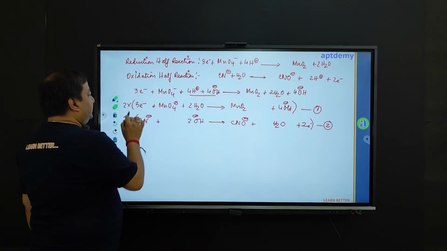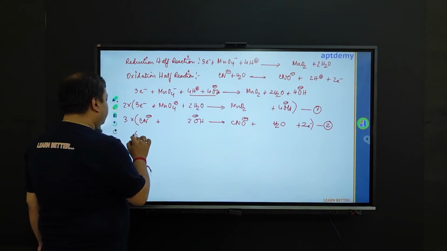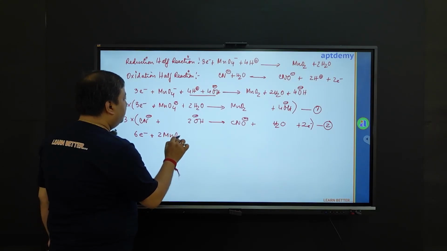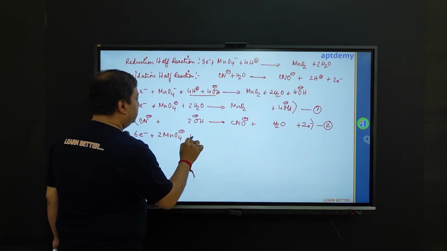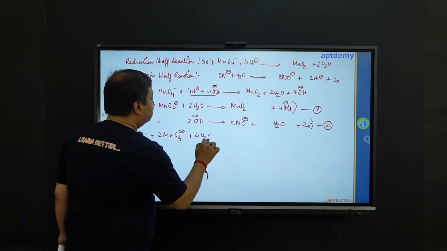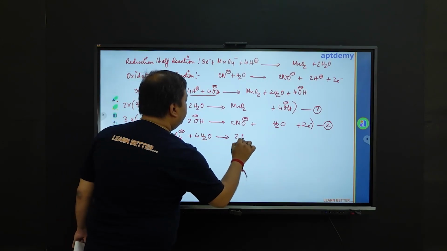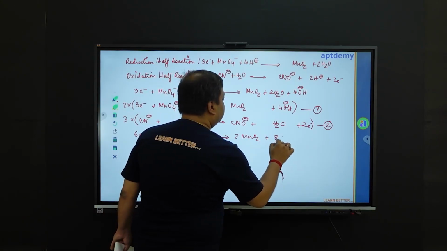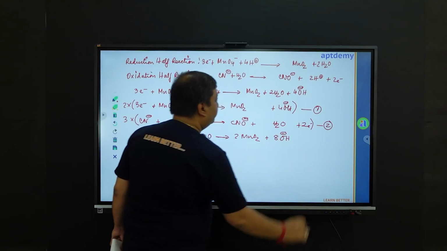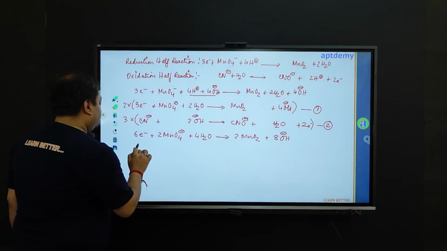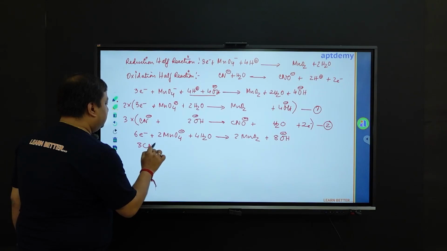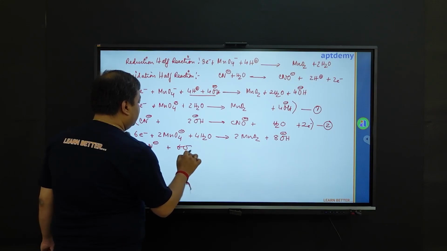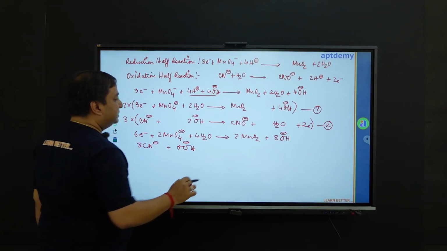This gives us 6 electrons, 2 MnO4 minus, 4 water molecules, giving 2 MnO2, 8 OH minus ions, and 3 CN minus plus 6 OH minus ions.